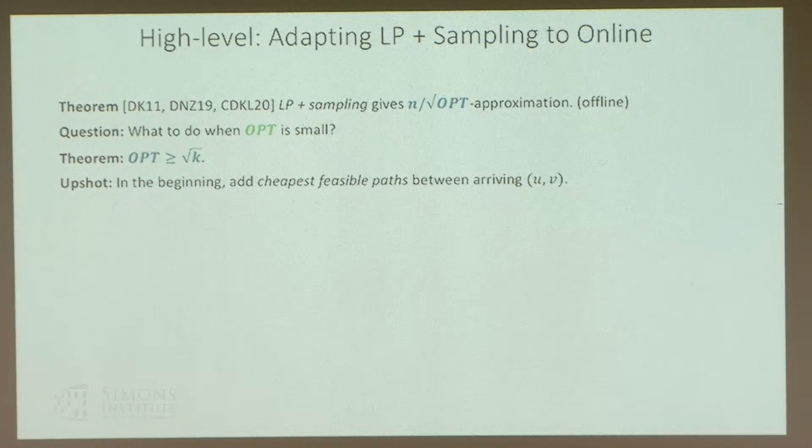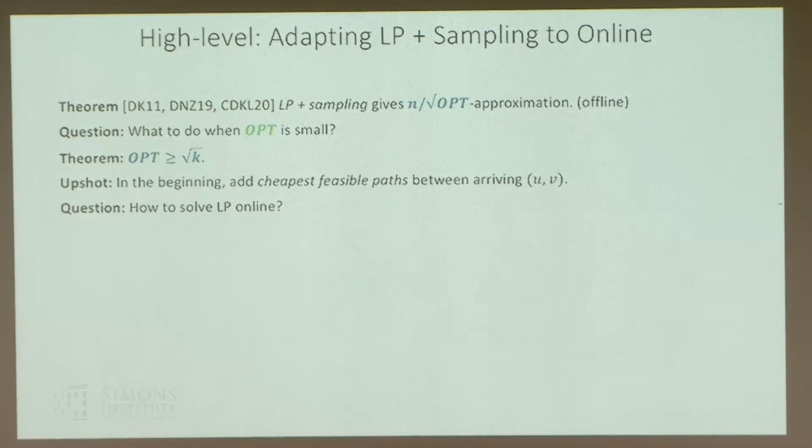The opt is large, so you can just simply start adding the shortest, cheapest feasible path between the arriving pairs. So at some point, there is a threshold that we have to pick carefully, but at that time, we have to start writing the LP down and think about how to solve it online.